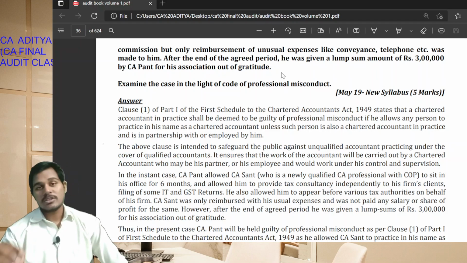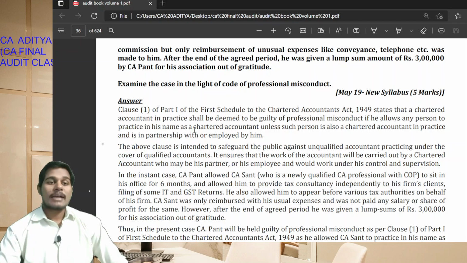See, students, in this question, CA Pant has not employed CA Sant but kept him in his office for a certain period. He is not an employee and he is not a partner of Mr. Pant. So in the present case, he has represented before various authorities, which is not allowed as per clause 1 of Part 1 of the First Schedule to the Chartered Accountants Act.